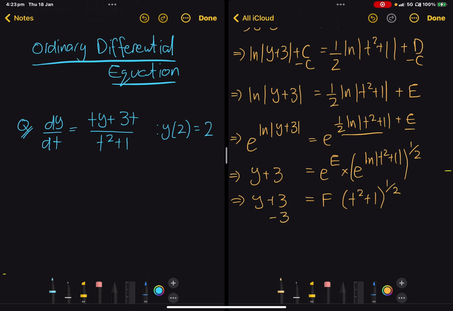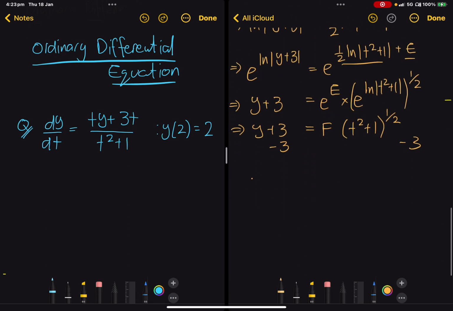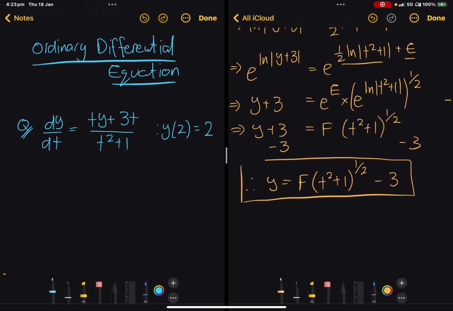So now we need to minus 3 from both sides. So we get our general solution, y as a function of t, is some constant f times (t squared plus 1) to the half, all minus 3. This is a general solution. This is the first part of the answer.